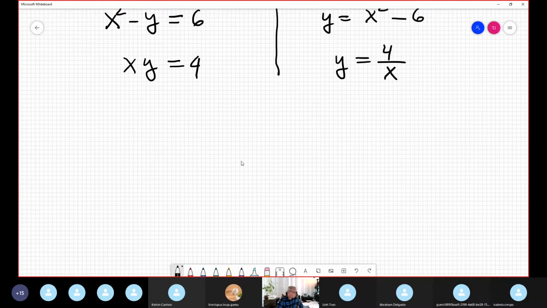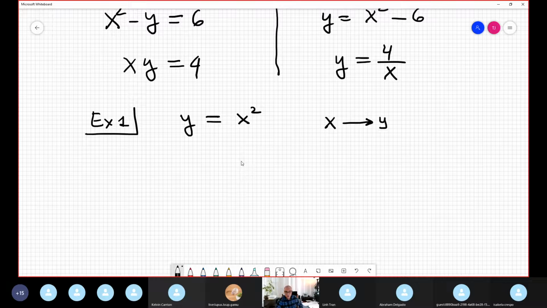Look, example 1 of that part. Suppose that we have y equals x squared. Wow, it's easy. Because it's expressed in explicit form, because y is isolated. I can see clearly using my eyes that one value of x corresponds to only one value of y. Suppose, hypothetically, x equals 3.